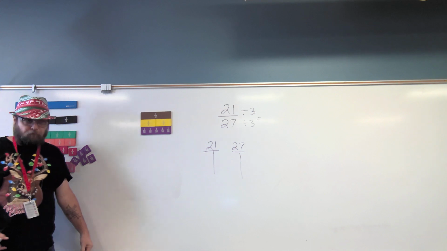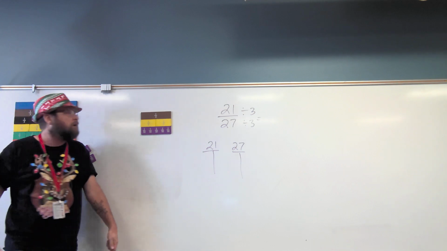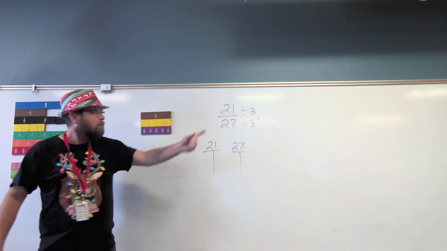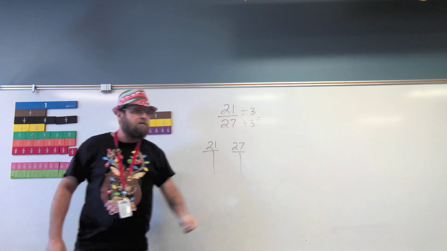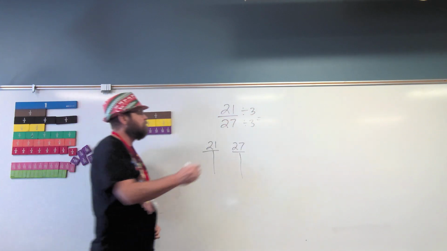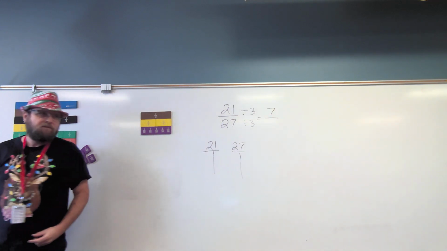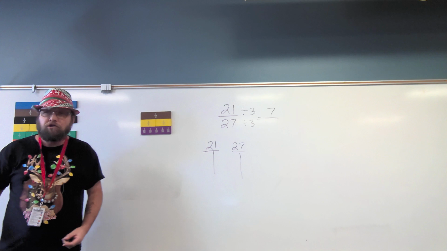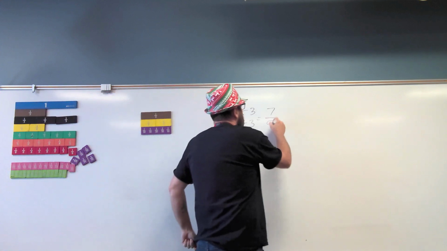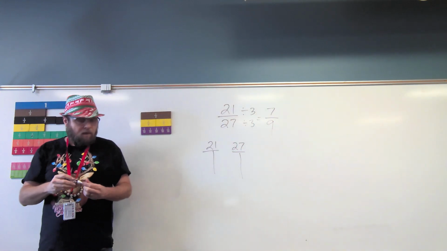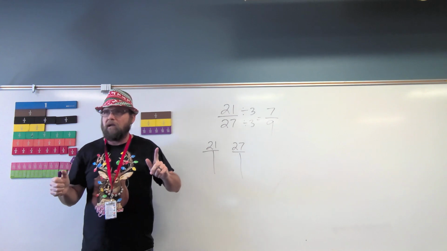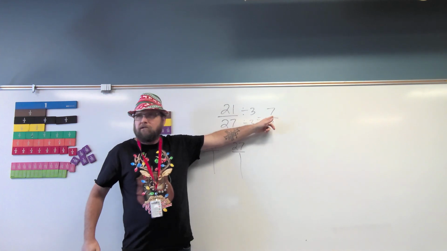Anna, 21 divided by 3 is 7. And 27 divided by 3 is 9. Now these are smaller. And let me ask you this real quick, Eli K. What are the factors of 7?